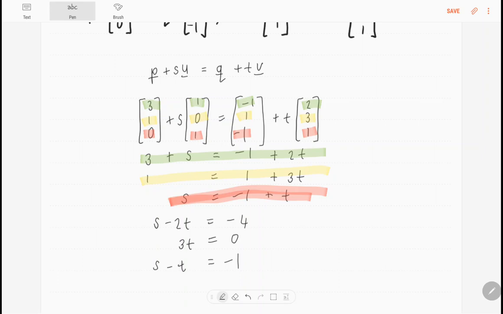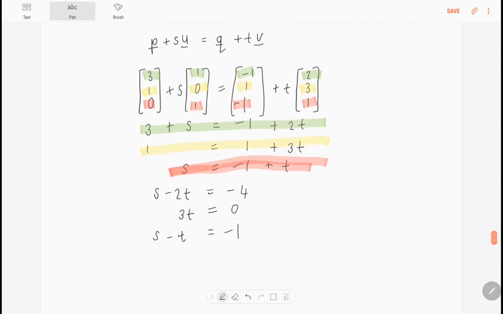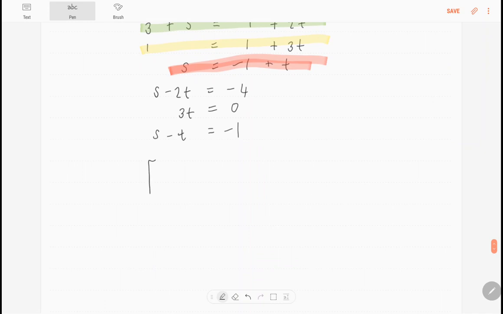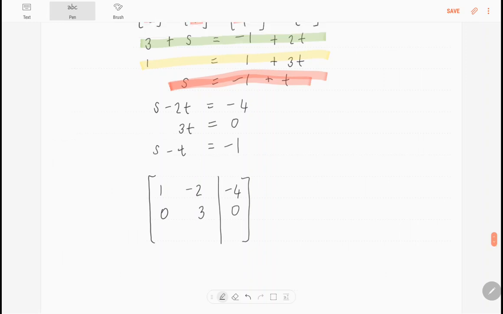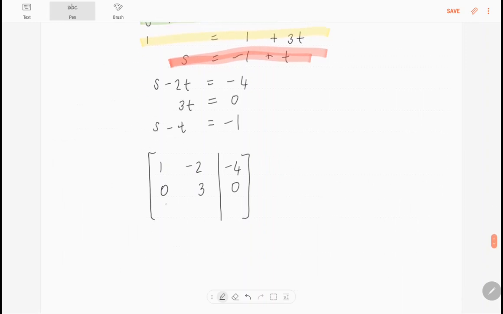If we can solve for s and t, that means the two lines do intersect, and they intersect where s and t equal whichever values we get by solving this system. So I'm going to write this as an augmented matrix: 1, minus 2, minus 4; then 0, 3, 0; and then 0, minus 1, minus 1.